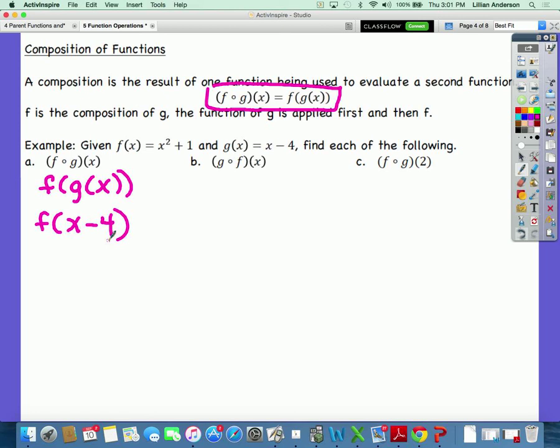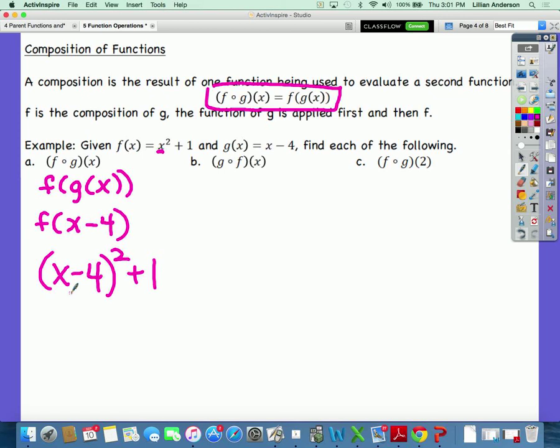I just rewrote g of x as x minus 4. We did this back in the very first section when you were evaluating, so this should look familiar. Everywhere I see an x, I'm going to put an x minus 4 in f. I replace this x with x minus 4.